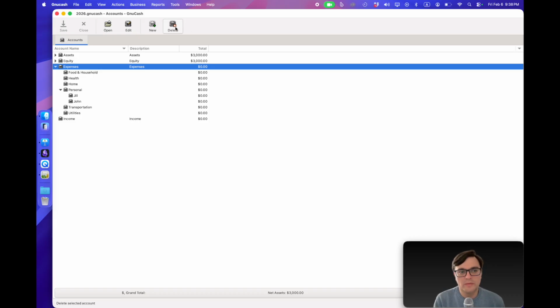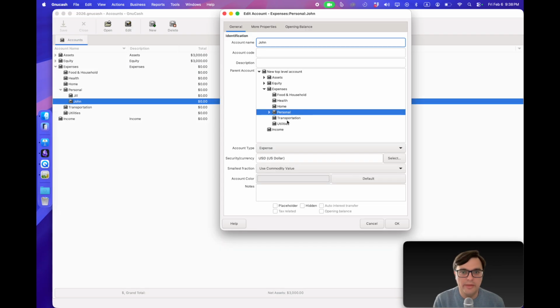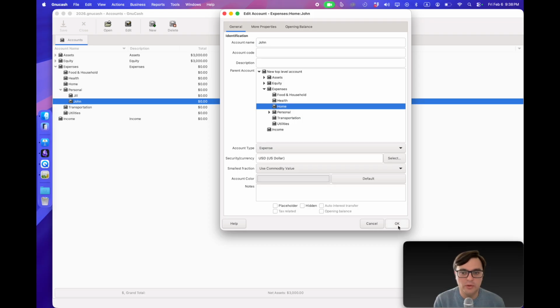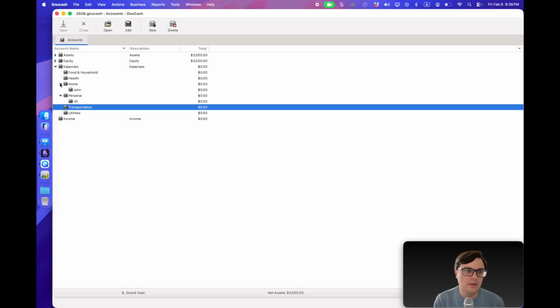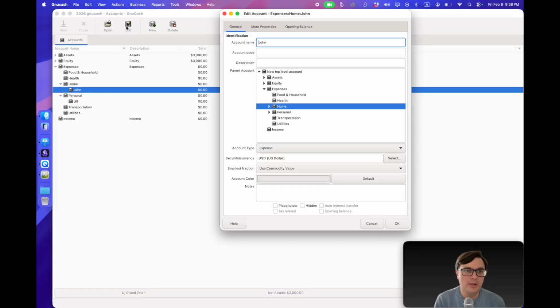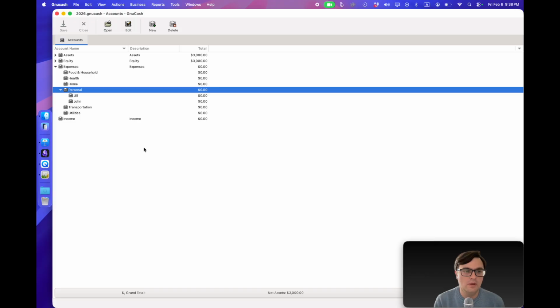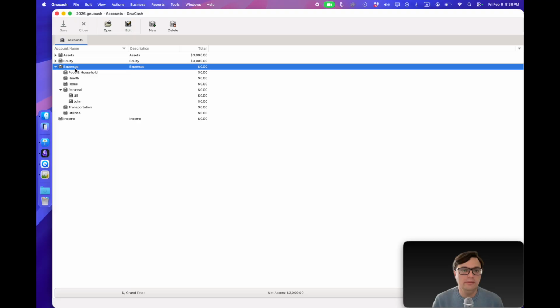Or if you want to move it to another place, so for example, if you want to move Jill to some other place, you can move her to another account, and this way you can move accounts easily. Drag and drop doesn't work here, but you can just do it like this. Yeah, and now we have a functioning, very simple tracking system in GnuCash.